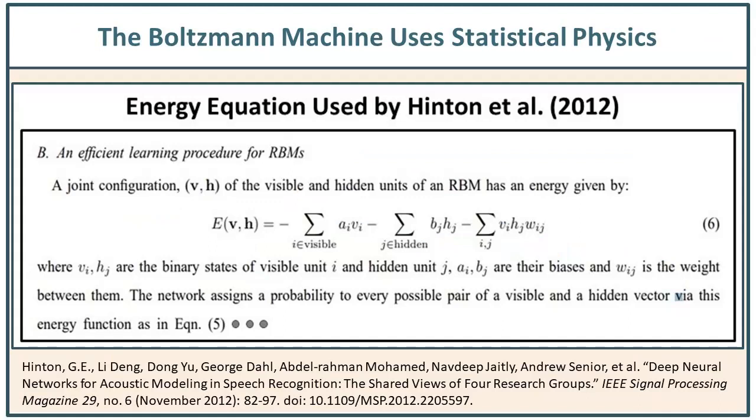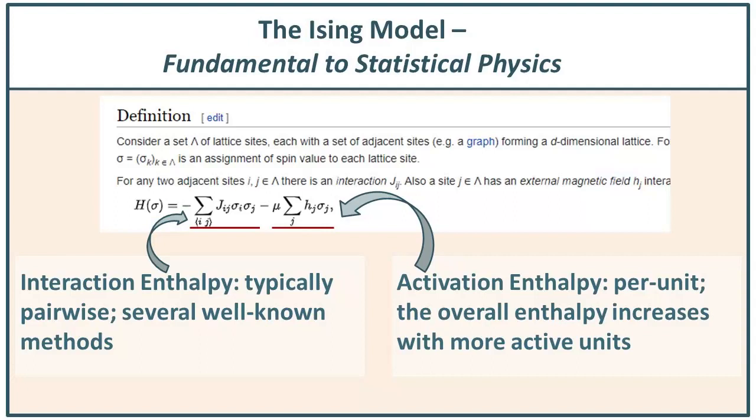They're coming from a physics background, slight difference in wording, and it's just the difference, say, between French and Italian. But they're presenting what they call an energy equation, which has activation enthalpy, energy, and interaction enthalpy, energy, same thing.